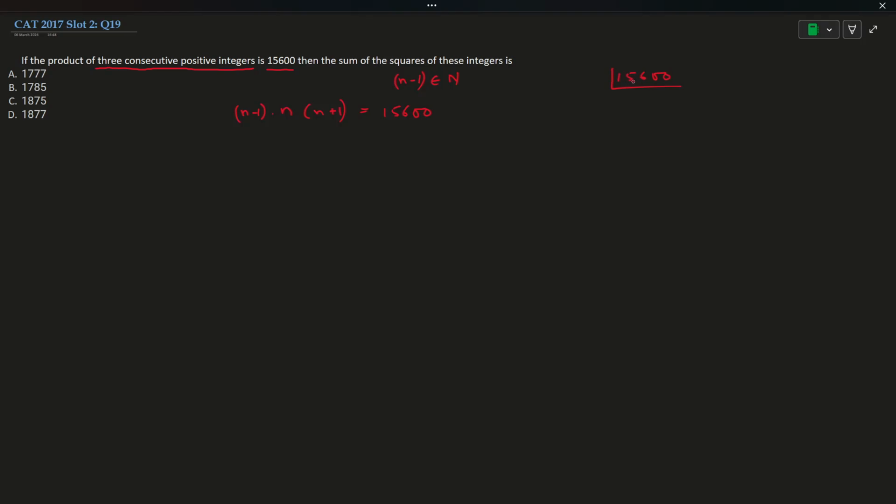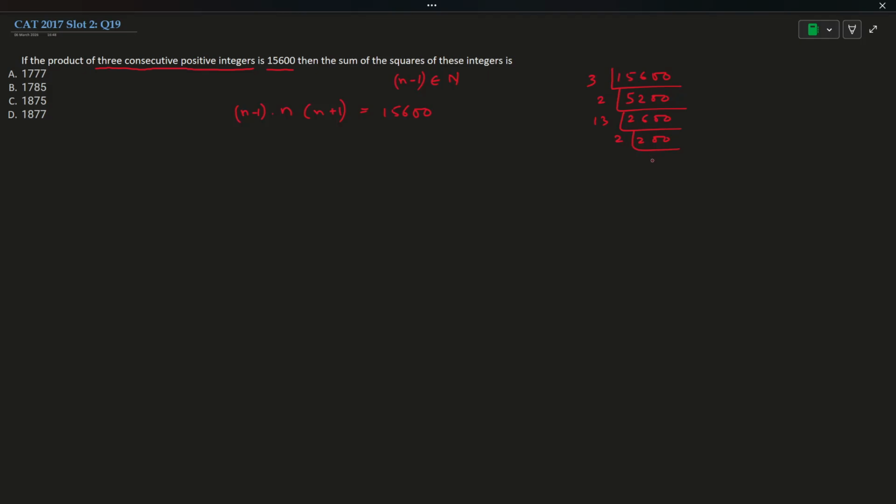Yes, it's divisible by 3. It is divisible by 2, so it is divisible by 6. So I can write this as 3 into 52 into 100. 52 is basically 2 into 26, and 26 can be written as 13 into 2.